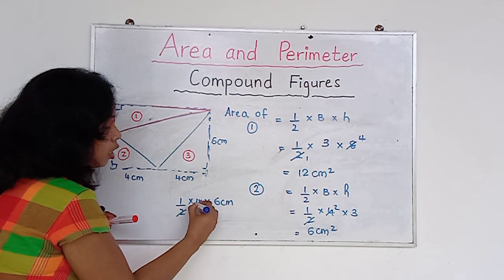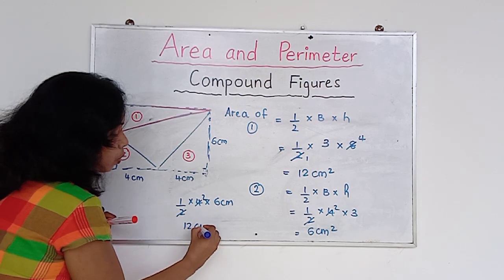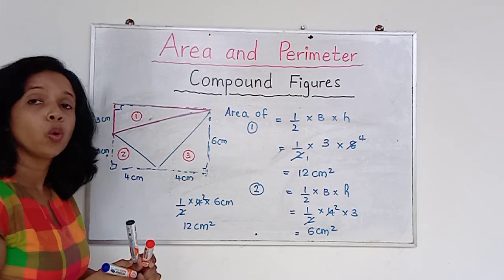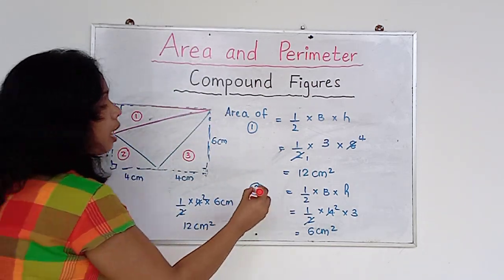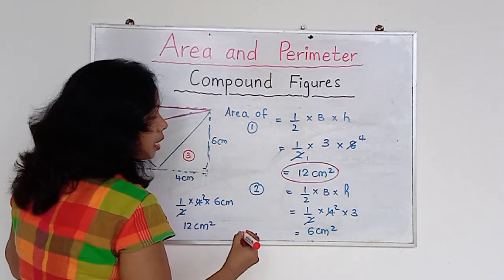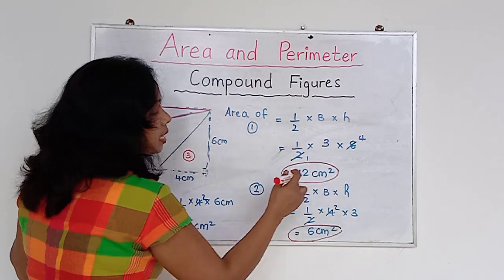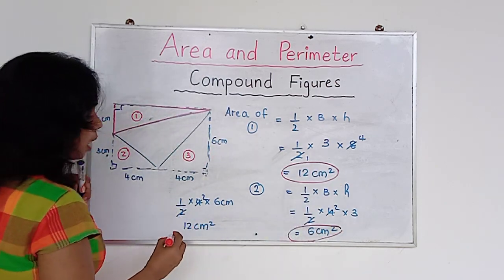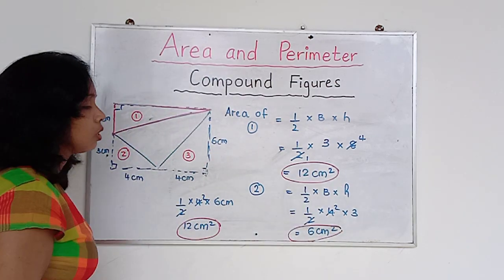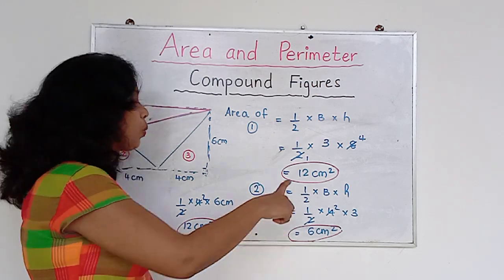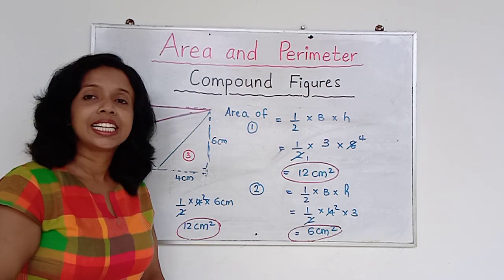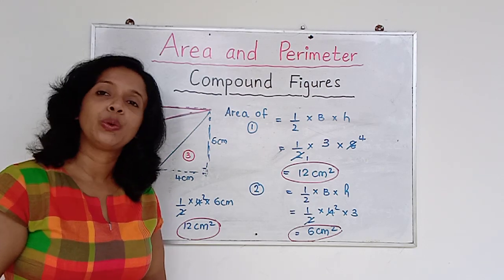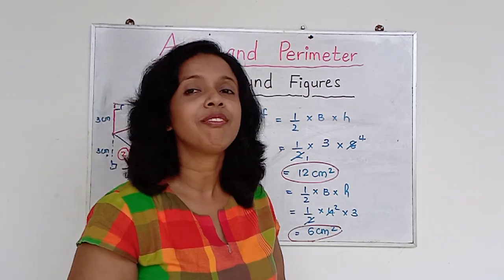Then 2 times 2, again 12 square centimeters. Then what is the total amount you have wasted or you have removed? 12 square centimeter plus 12 square centimeter plus 6 square centimeter plus 12 square centimeter. 12 plus 12, 24 plus 6, 30 square centimeters you have removed or you have wasted.